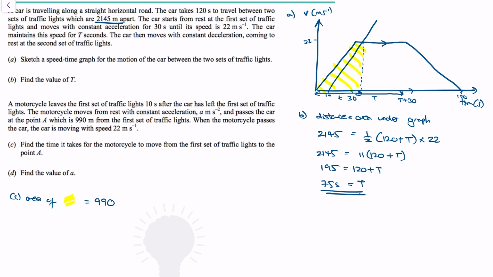The area of the trapezium is equal to half of (T plus T take away 30) times by 22, which must be equal to 990. That means 11 times (2T take away 30) must be equal to 990, which means 2T minus 30 is 990 divided by 11, which is 90, which means 2T is equal to 120, so T is equal to 60 seconds.